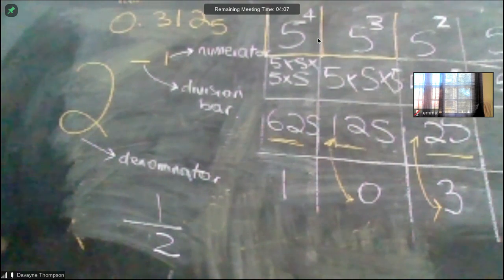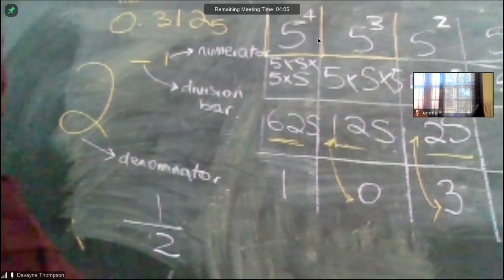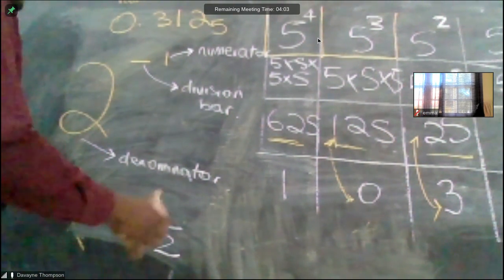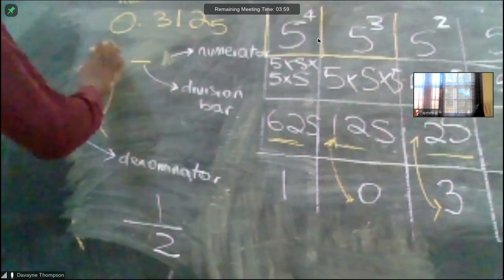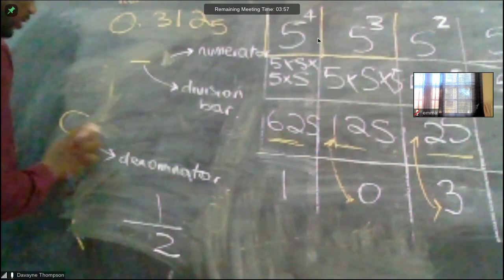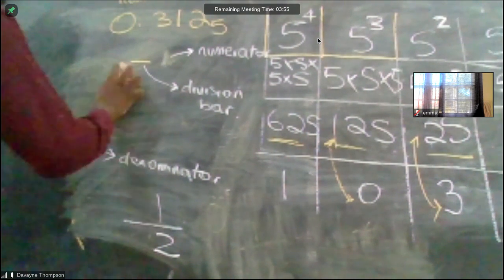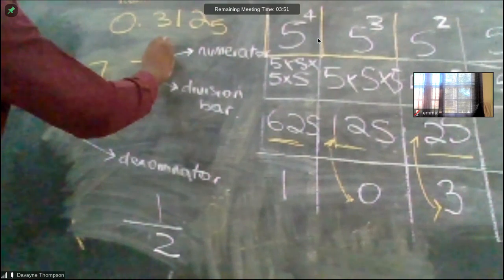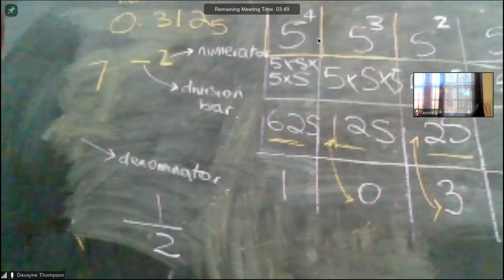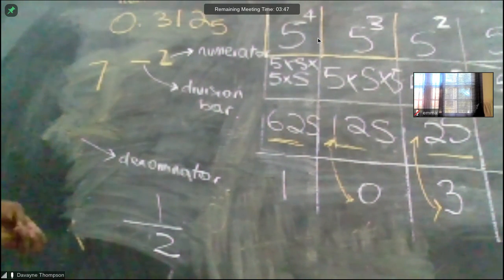Yes, sir. Alright, let me give you one more to practice, and I don't want you to say I don't know. If it's even gibberish, tell me gibberish. I don't like I don't know. Alright, let's try another one. How about 7 to the negative 2? How would you write that as a fraction, Emma?